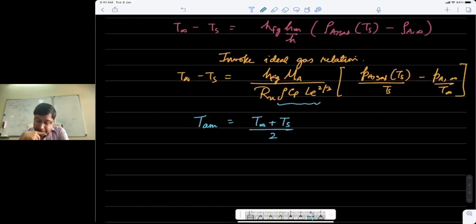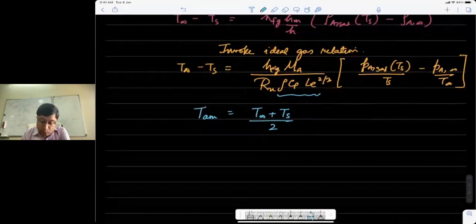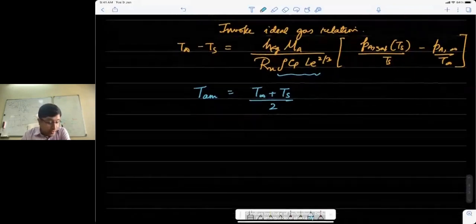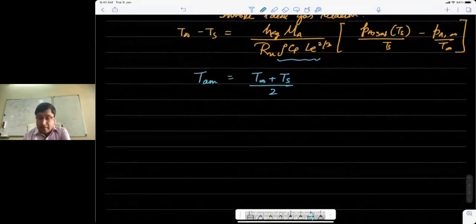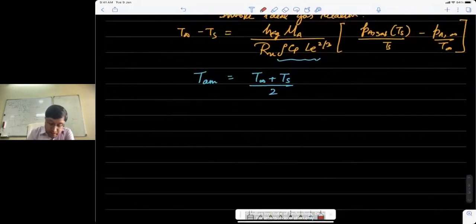So this is one way of invoking this heat and mass transfer analogy. Let me also do a next item on this analogy, which is even more interesting, and this comes from what is called the Reynolds analogy.